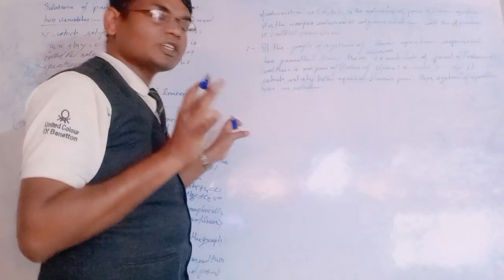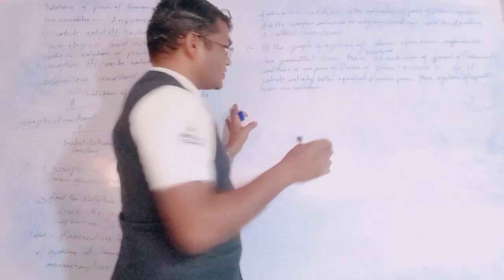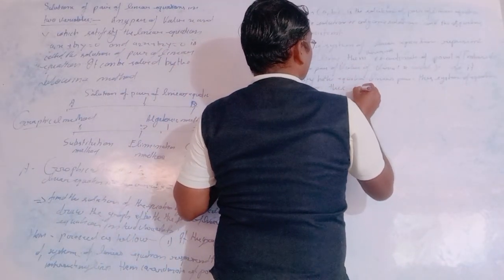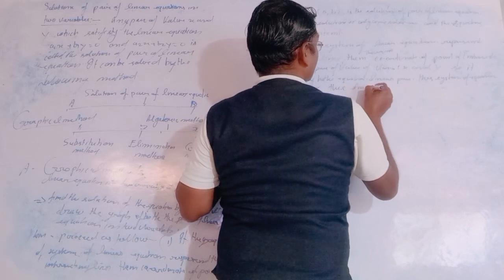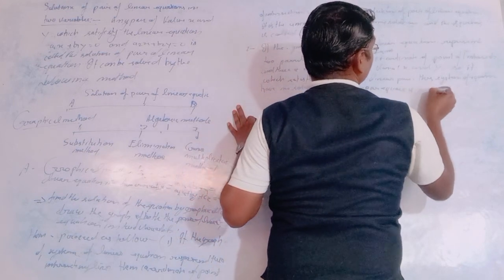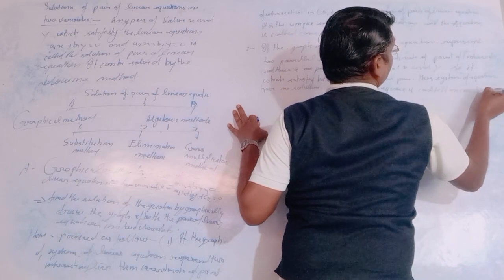A system of equations having no solution means this pair of linear equations is called inconsistent.